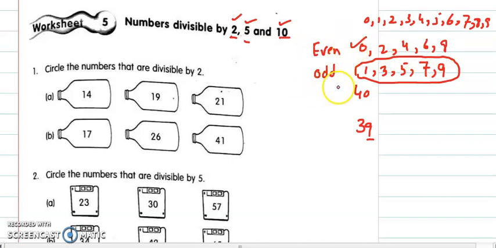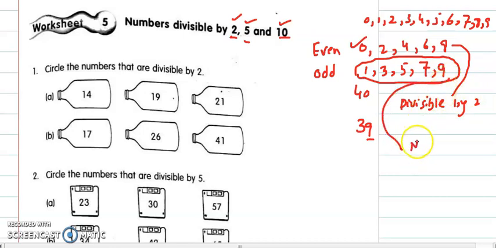And if the last digit is from these numbers 1, 3, 5, 7, 9, then it is not divisible by 2. So this is the divisibility test for 2.